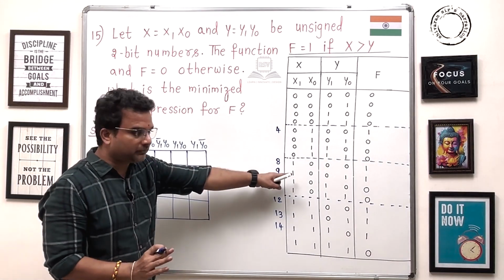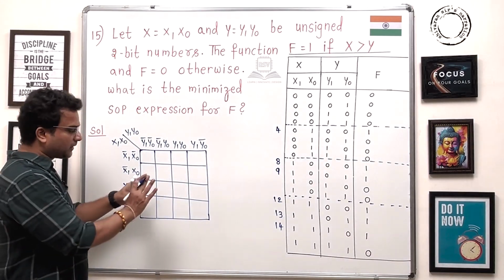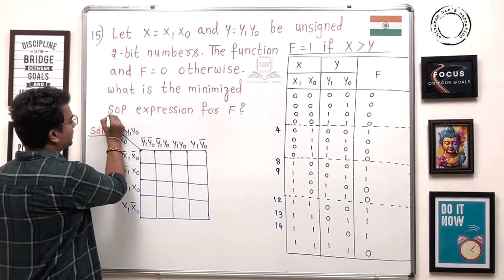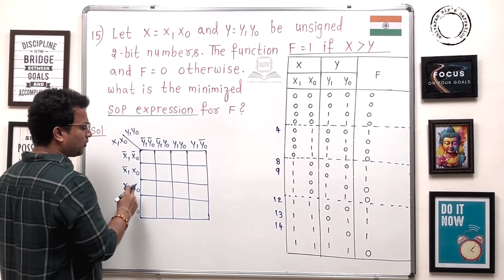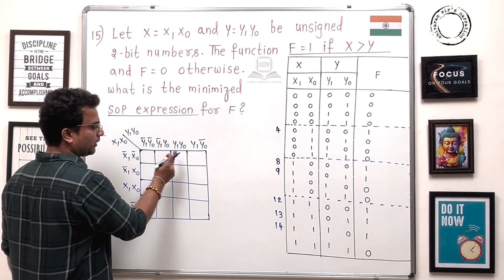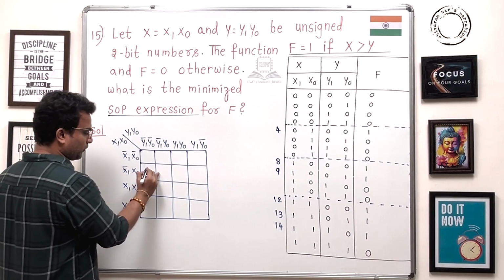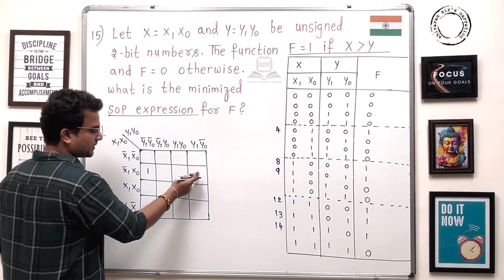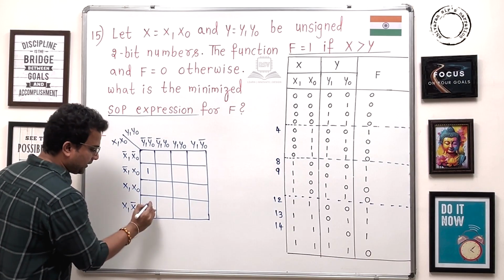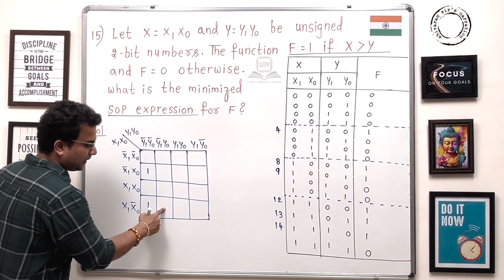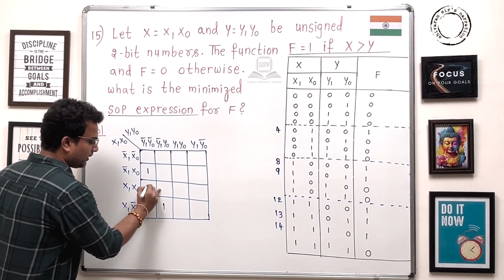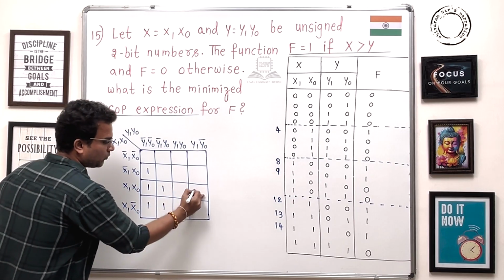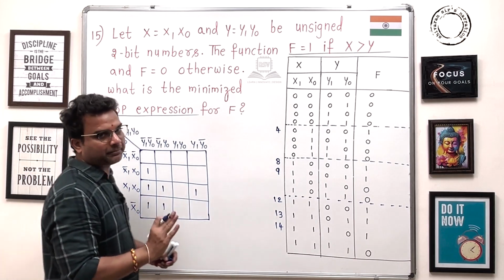Hence, if you map them into the SOP K-map, because we are expecting an SOP expression, if you map them directly, this is 0 1 2 3, this is 4 5 6 7, 8 9 10 11, 12 13 14. So we mapped.